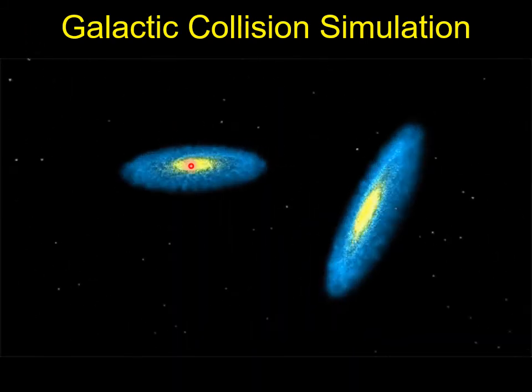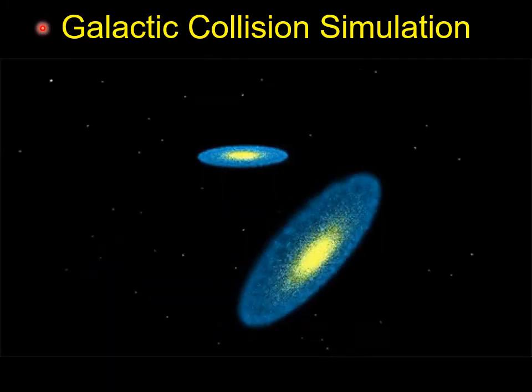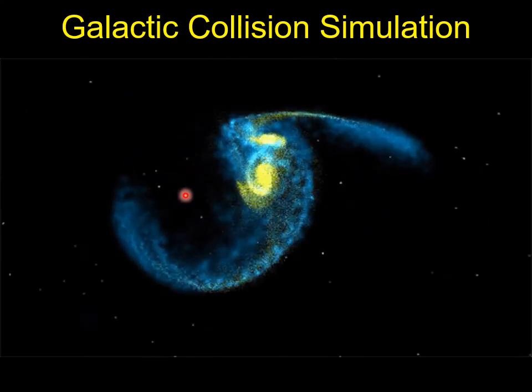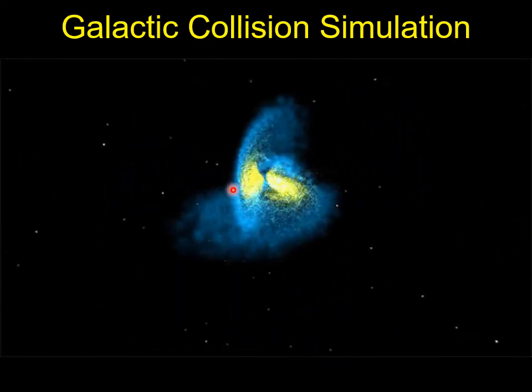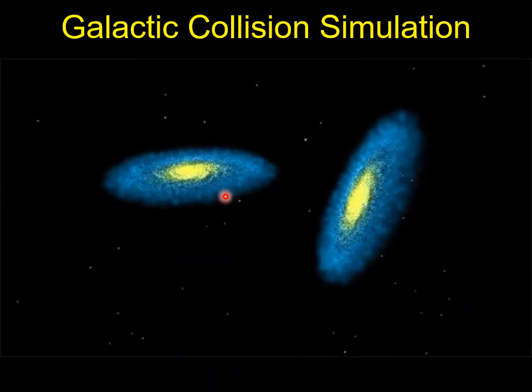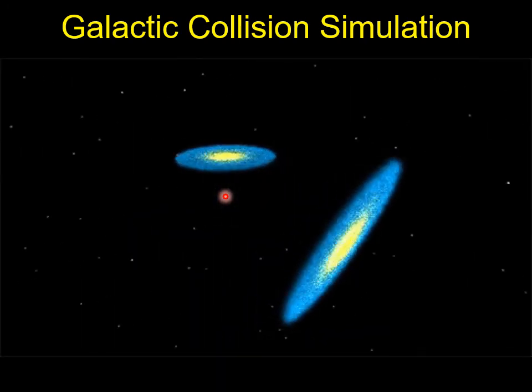But what we see are two galaxies approaching each other, and they're approaching each other due to their mutual gravitational attraction. So that means that gravity works over the vast distances of the universe. And because these galaxies are so massive, because they have so many stars inside of them, they have a large amount of gravity and they attract each other.